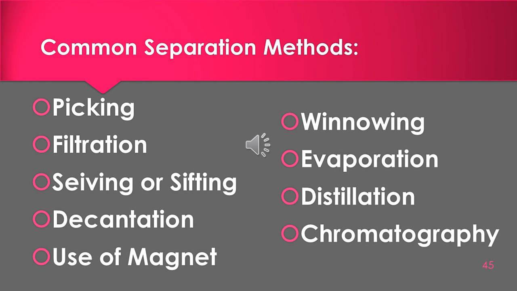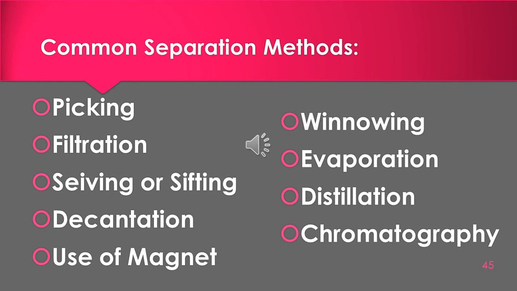Okay, let's go back to the different separation techniques that we have learned for today. So we have picking, using our hands to separate big or large particles of solid materials in a mixture. Then we have filtration, where we use a filter paper or a cloth to separate insoluble solids from a liquid.